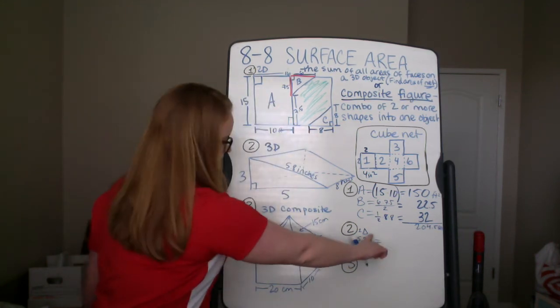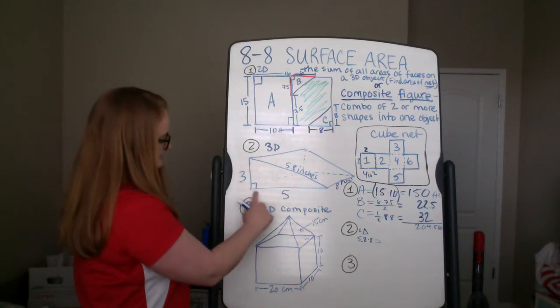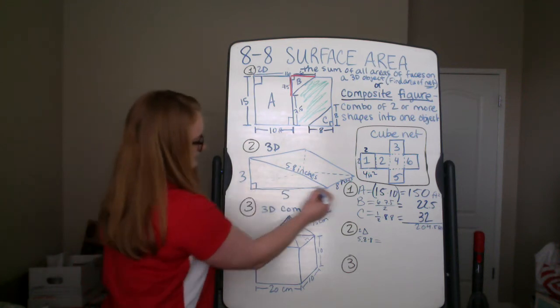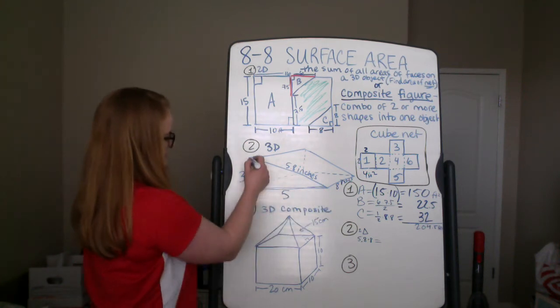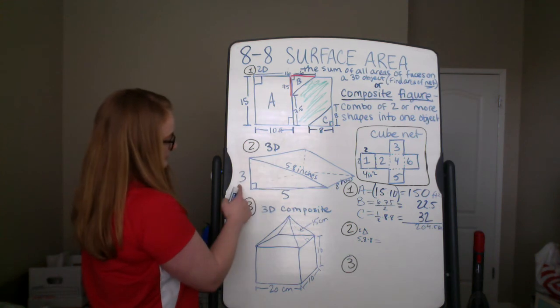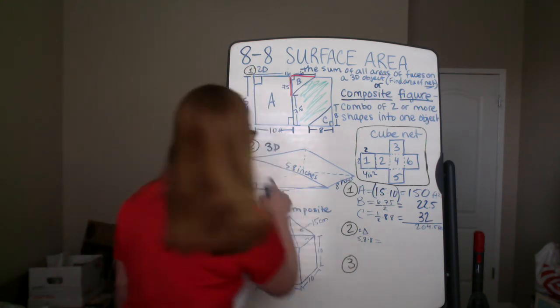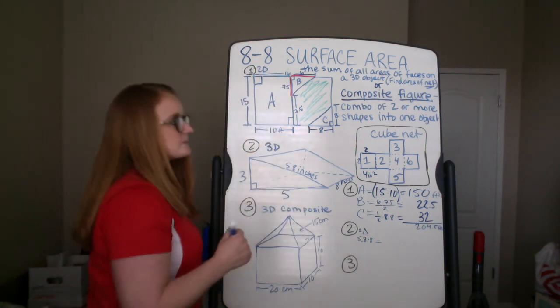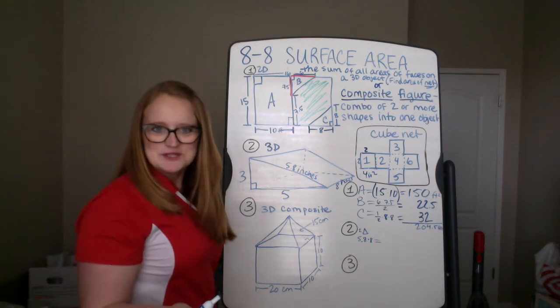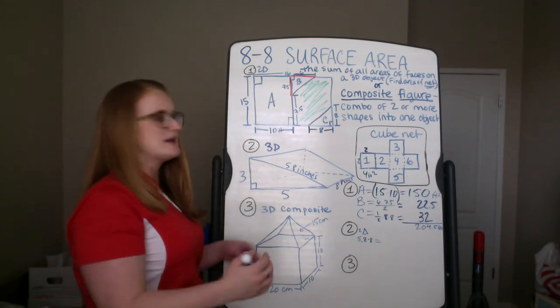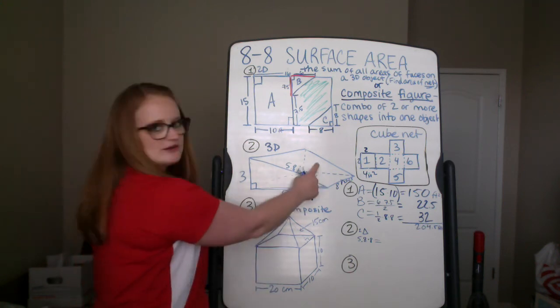The two triangles, I guess we can just calculate that now. This triangle is 5 by 3. So for this triangle, we're going to go 5 times 3 and then divided by 2 or multiplied by half. Now one thing you can think about with surface area if you have a parallel shape: this triangle is the same area as that triangle, right?